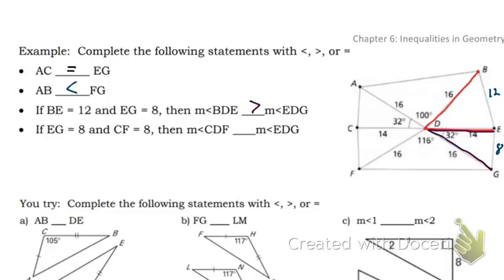And the final one says if EG equals 8. So EG already equaled 8. And CF equals 8. So we have CF equaling 8 as well. Then CDF, let me erase some of these lines here.